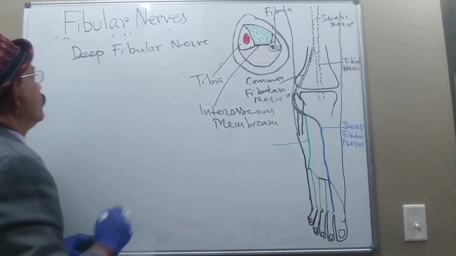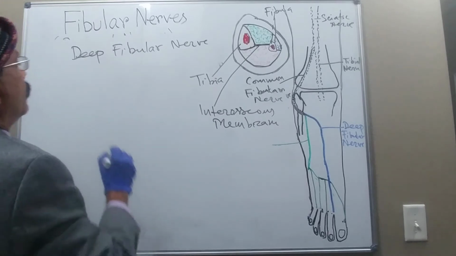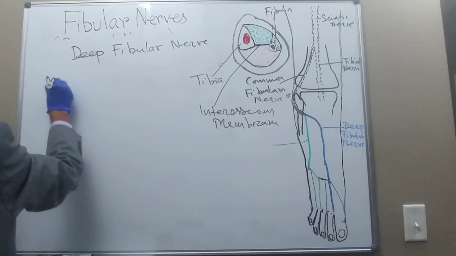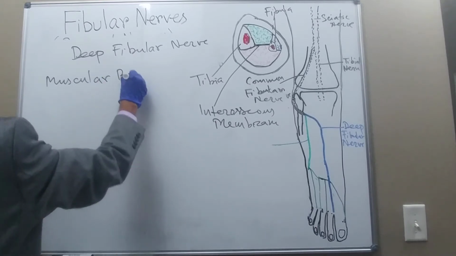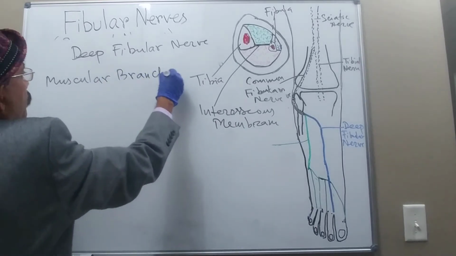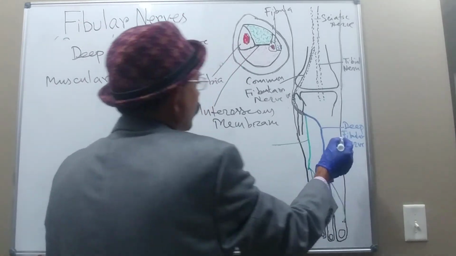Okay, so we must know the innervation of the deep fibular nerve. Muscular branches. So what muscles are innervated by the deep fibular nerve? We have multiple muscles here.